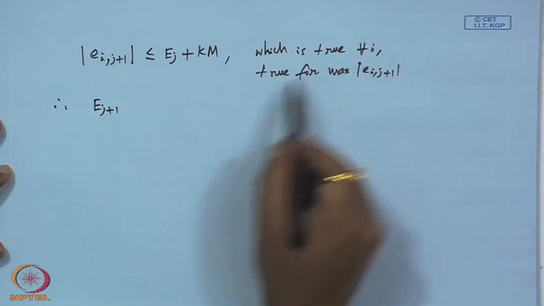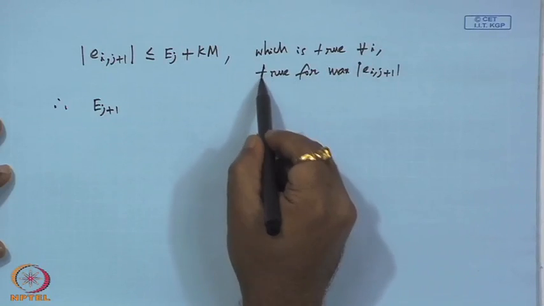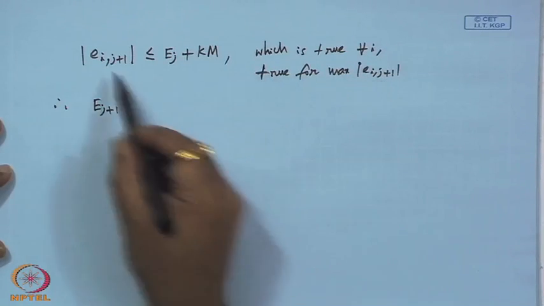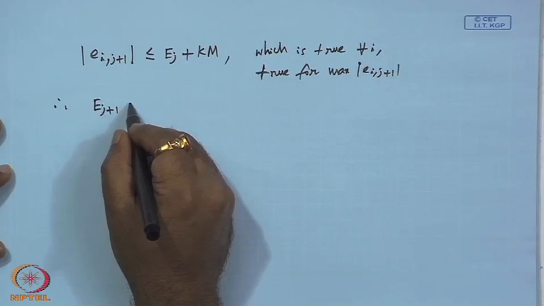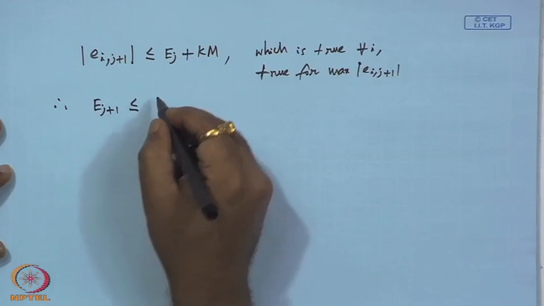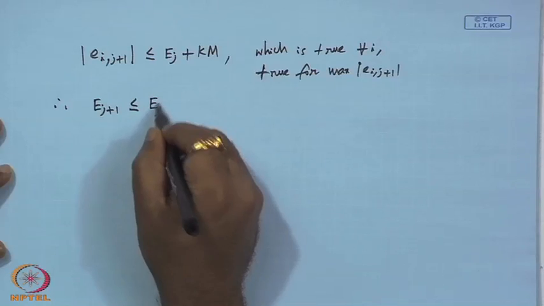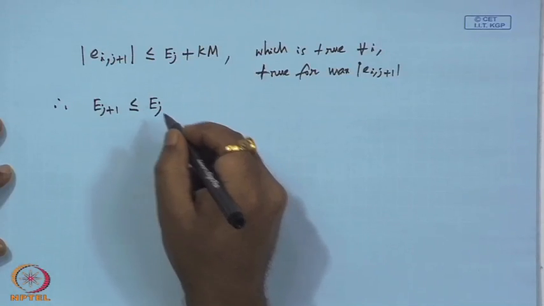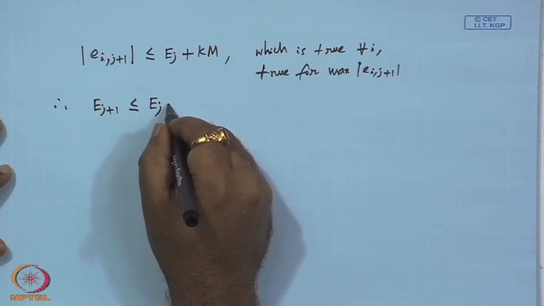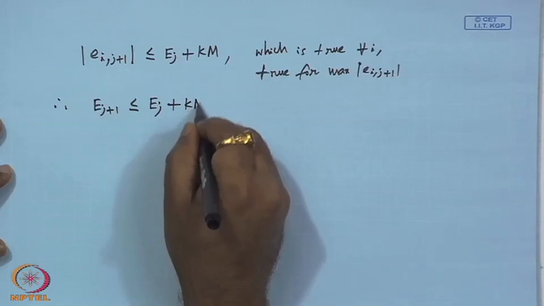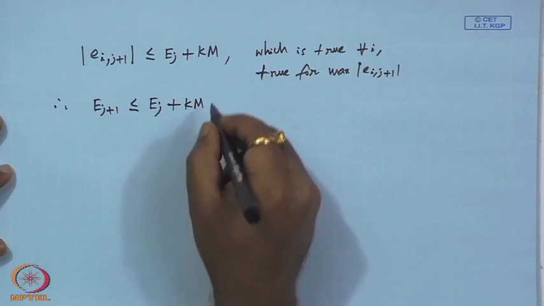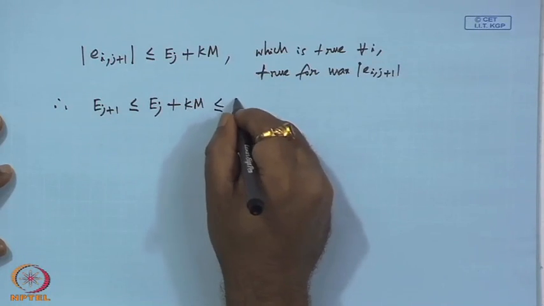This is true for every i. Therefore, it is true for the max, which is nothing but capital E^{j+1}. So, this is E^j plus k M.